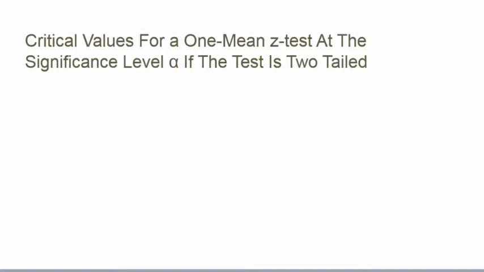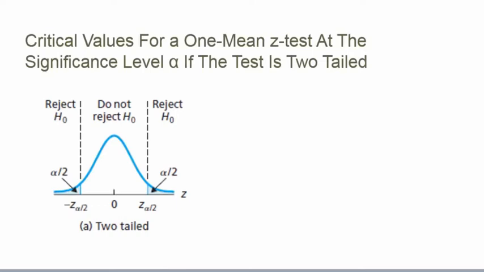Critical values for a one mean z-test at the significance level alpha if the test is two-tailed. For a two-tailed test, we would take our value for alpha, divide it in half, and that would give us the area to the left of our lower z-score and to the right of our higher z-score. Our do not reject region would be between the two z-scores.